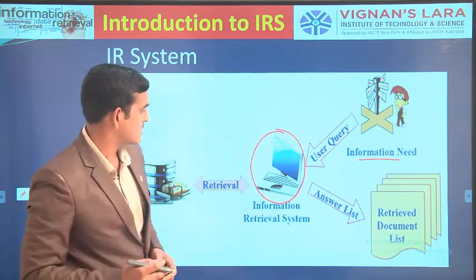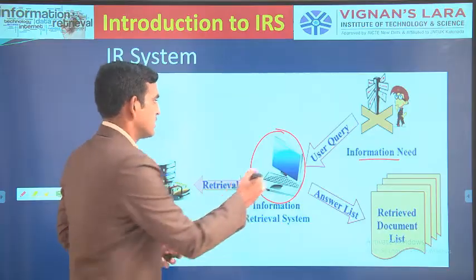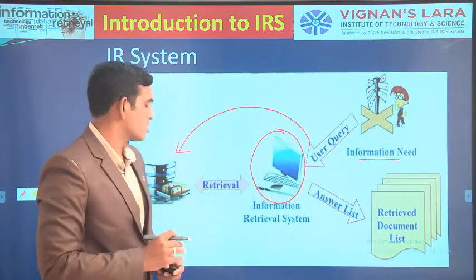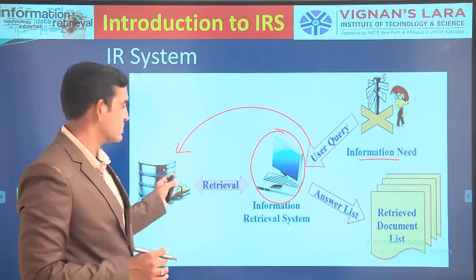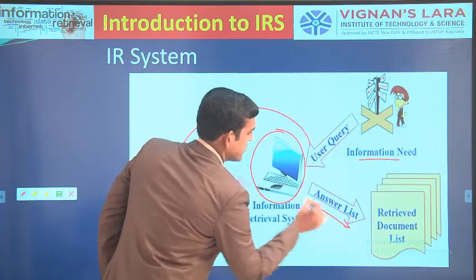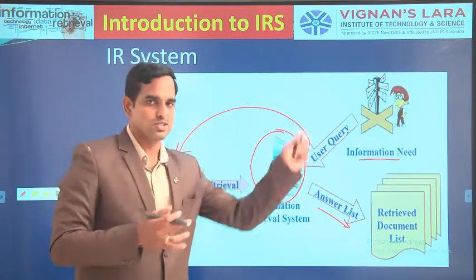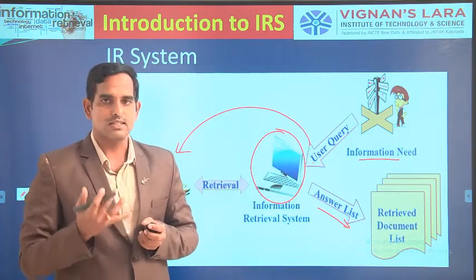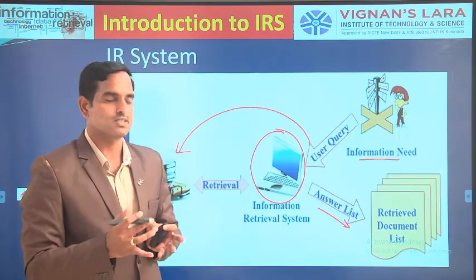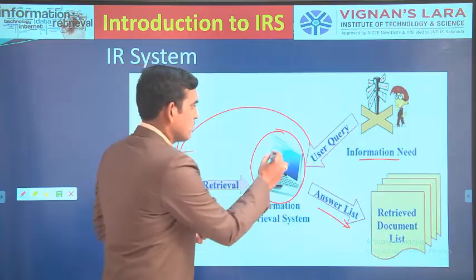The IRS system will match the user query to what is contained in the database. The matching list, or the answer list, will be returned to the user as the retrieved document list. So this is the basic operation of the information retrieval system.